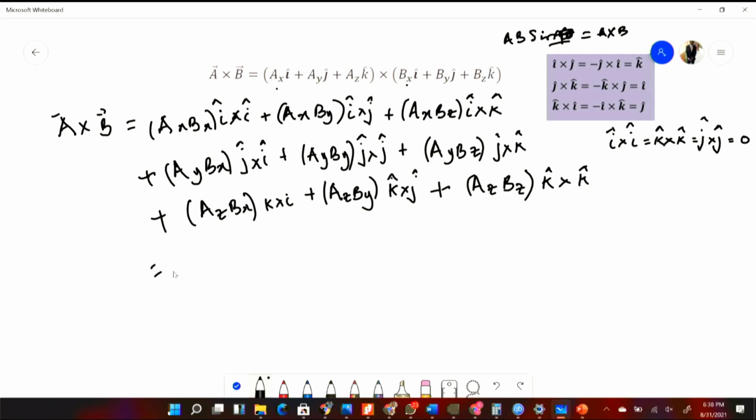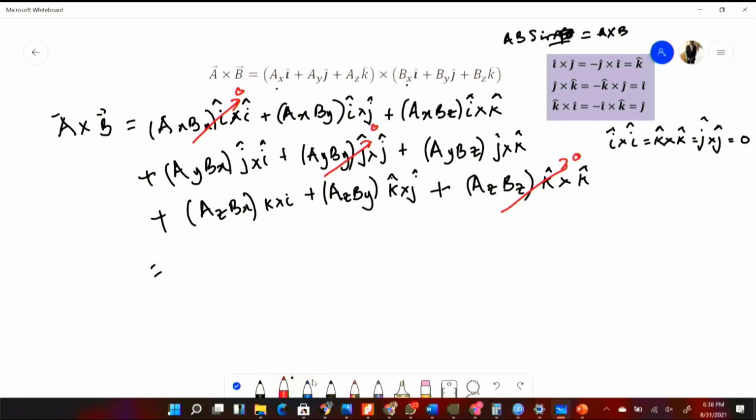So we can continue and apply this relation. Let me use the right pen to strike out what we don't need. I cross I is 0, and J cross J is 0, and also K cross K is also 0.